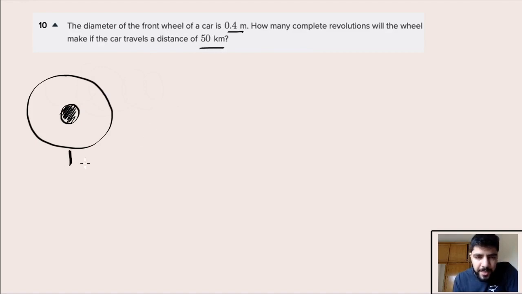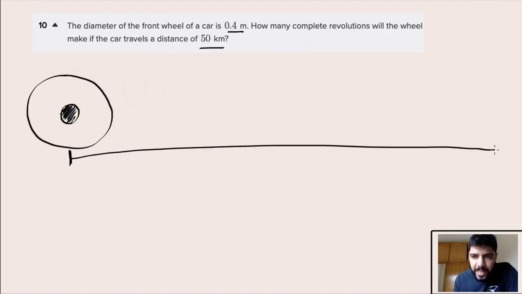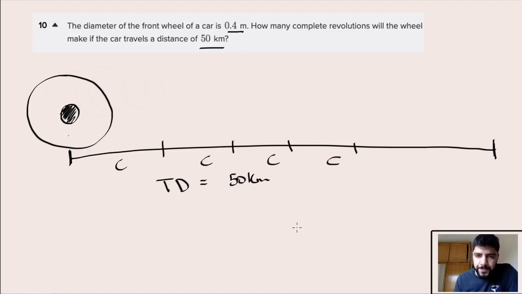So it's the same sort of concept of the coin rolling, but this time they gave us the total distance, right? The total distance is 50 kilometers, TD. And they're asking us how many revolutions does the wheel make? So every time the wheel makes a revolution, it's like C, and then another C, and then another C, right? But they gave us the total distance this time.